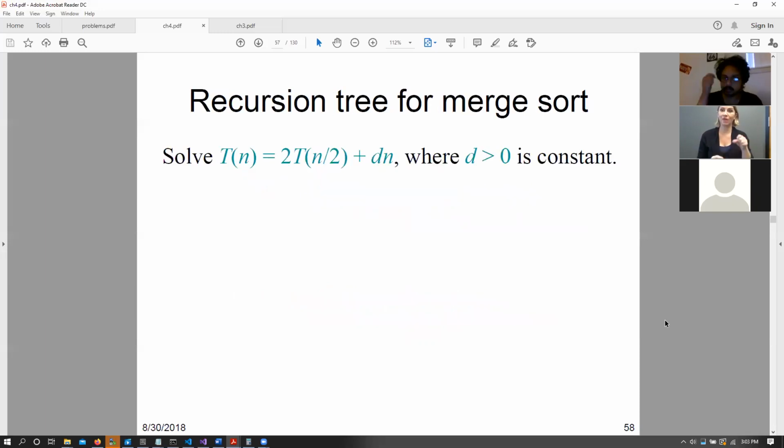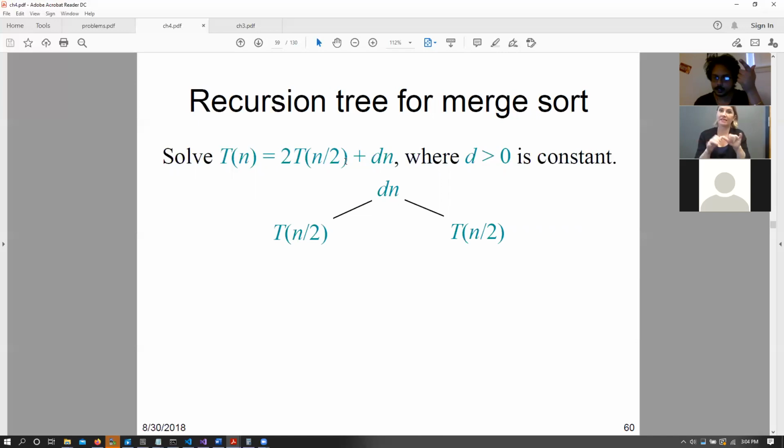So let's look at solving this particular recurrence relation in terms of recursion trees, right? We have T of n equals 2T n by 2 plus D of n, where D of n is some time complexity of merging those two arrays. Initially we have an array of size n.